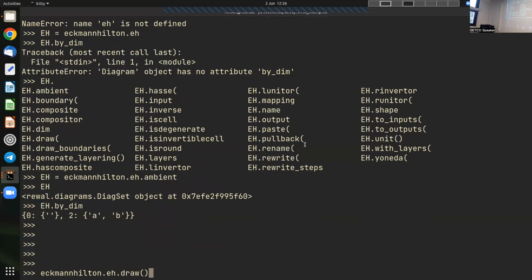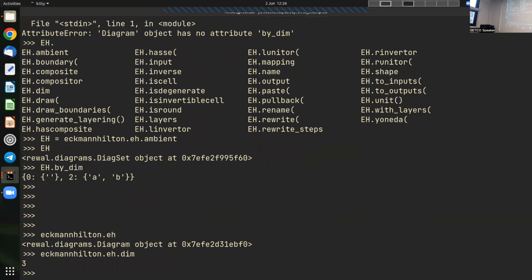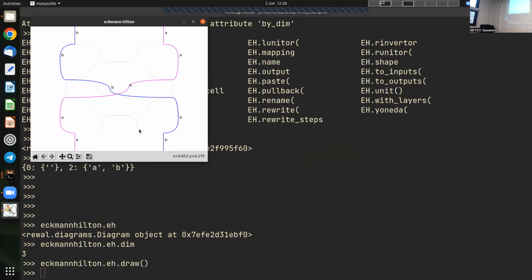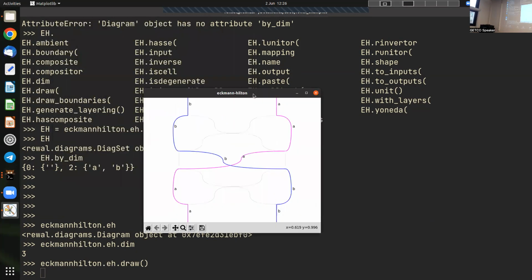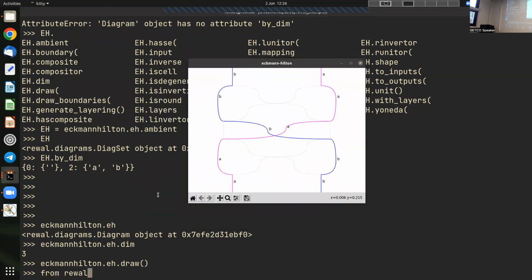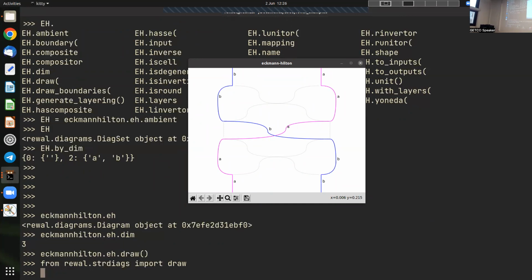It's a diagram object, its dimension is 3, and it gives you a formal proof that you can make A slide past B, so you can permute A and B. You have a homotopy between A followed by B and B followed by A, and you can also do this.